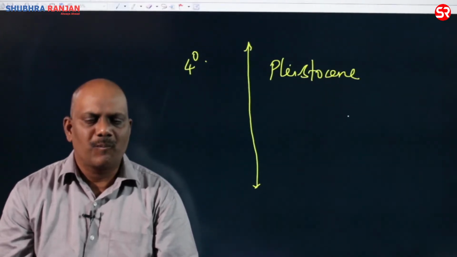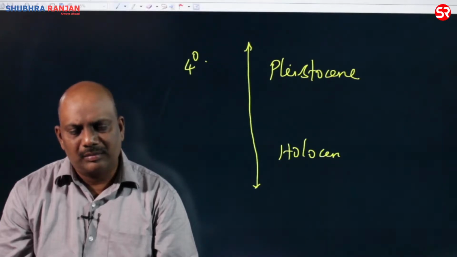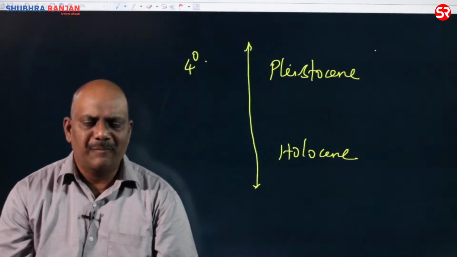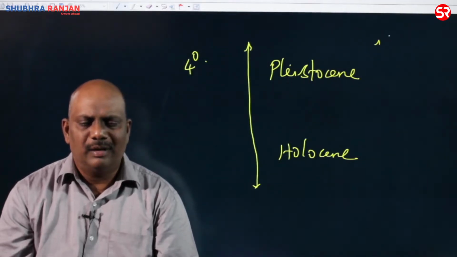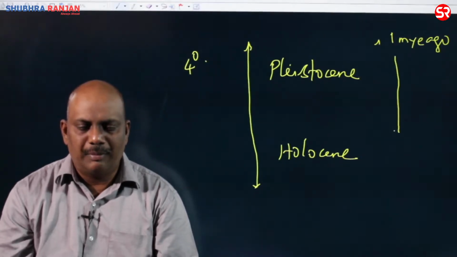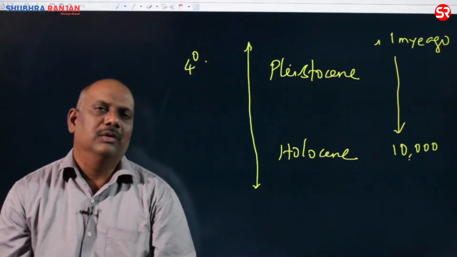Pleistocene and the Holocene. The Pleistocene was roughly between, say, 1 million years ago, and it continued up to 10,000 years ago.